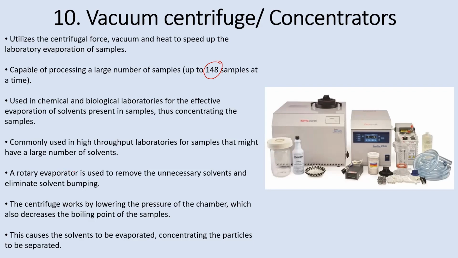Okay. Now a rotary evaporator is used to remove the unnecessary solvents and eliminate solvent bumping. So yes, it's a very well-maintained condition inside, because if you do not take care of certain factors, the solvent may just jump out of the container.